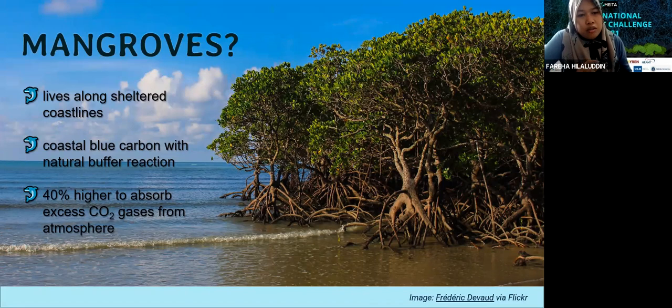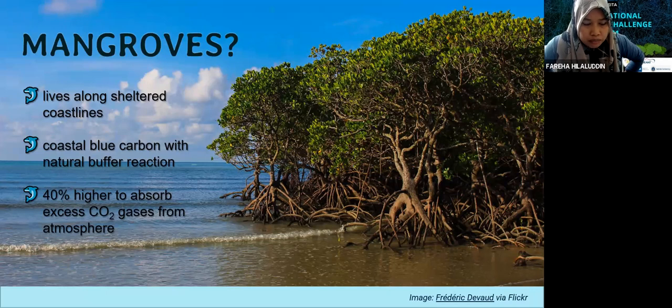Mangroves act as coastal blue carbon with natural buffer functions, including breaking waves, especially for tsunamis, and also act as sediment traps to reduce coastal erosion in the coastal areas.